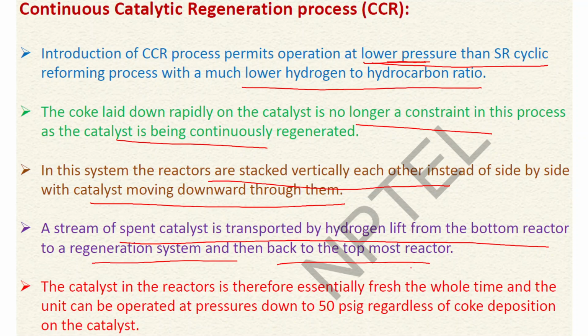That catalyst is again given off from the top of the reactor. The catalyst in the reactor is therefore essentially fresh, as regeneration takes place continuously, and it can be operated at a pressure down to 50 psig, as in the SR it was up to 500 psig. Here it can work even at 50 psig regardless of the coke deposition problem of the catalyst.